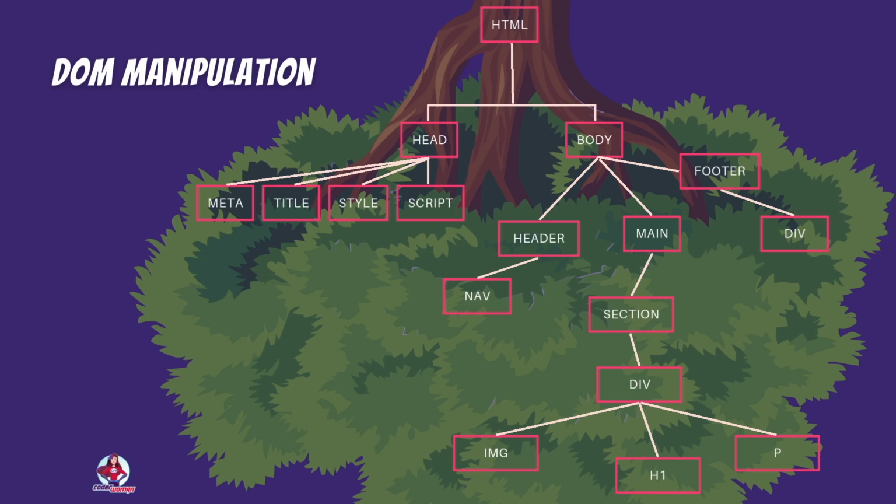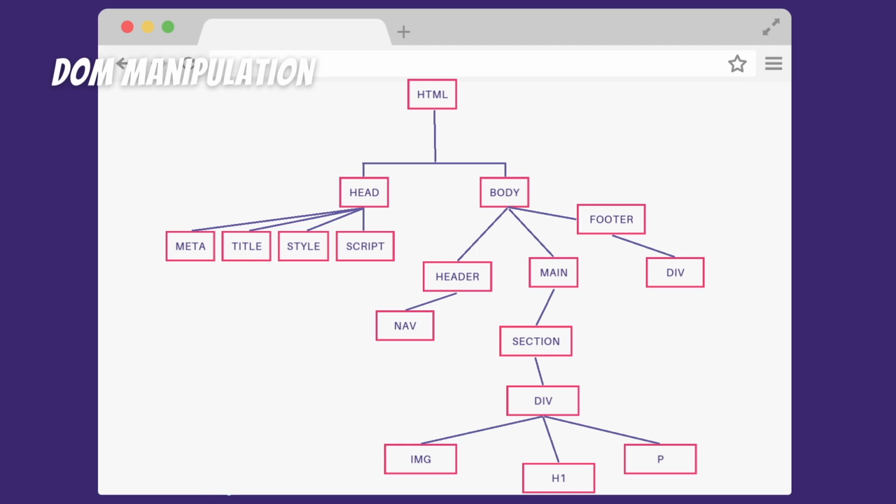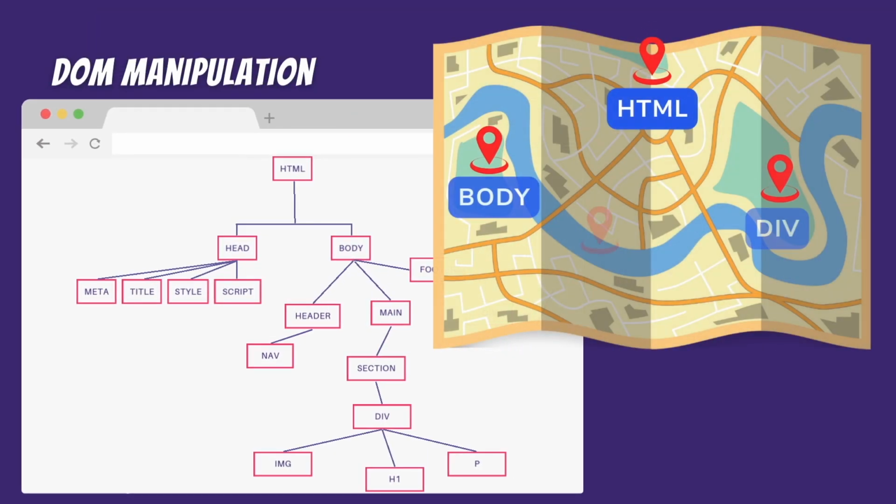It's like a family tree: the HTML element is a grandparent, the head and body are children of HTML, and so on. Once you run the website, the browser reads the HTML code and creates its own version of this tree. It's a map of all elements like headings, paragraphs, etc.